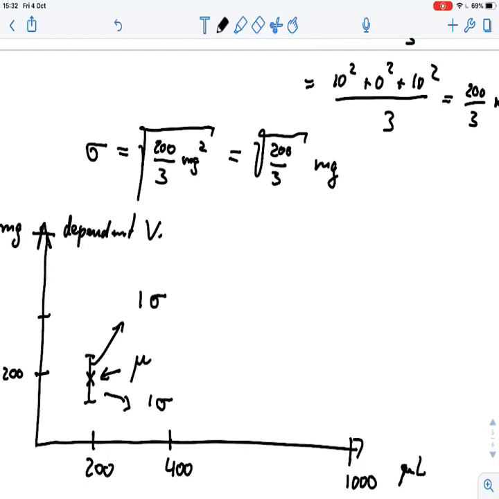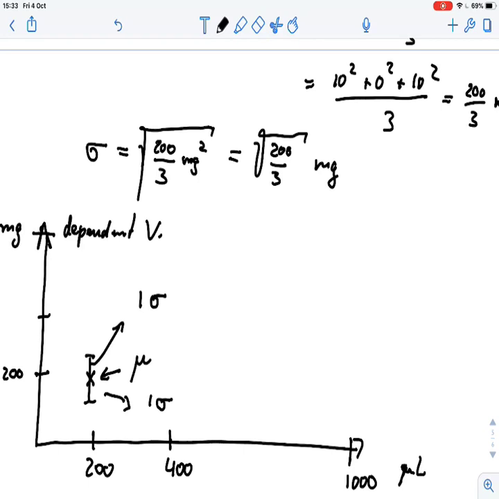Is that right? Have I done that right? 66.7? So the 66.7 would be above and below. That would be your error bar, and that is the correct way of doing it. Yeah? That is the precision in this case.